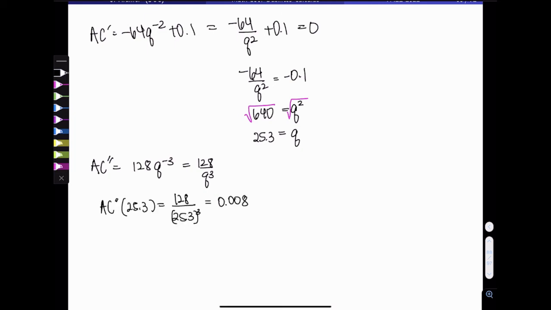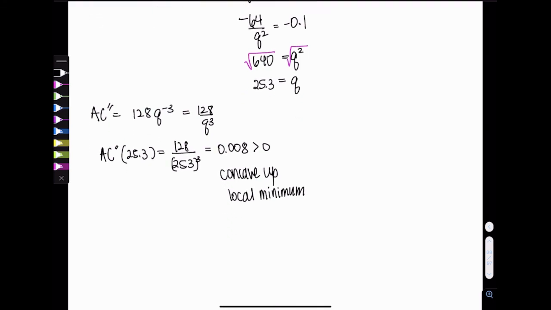Since the output is positive, the average cost function is concave up around the critical number, implying that it has a local minimum. And so we would have that 25.3 units will minimize the average cost.